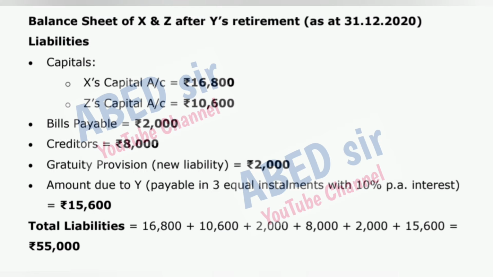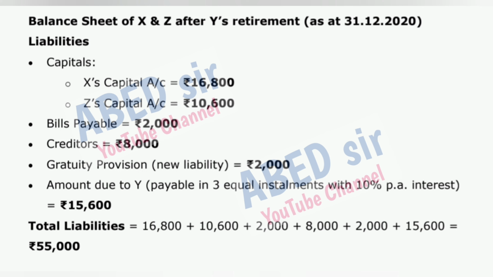Balance sheet of X and Z after Y's retirement as at 31st December 2020. Liabilities. Capitals. X's capital account is equal to 16,800 rupees. Z's capital account is equal to 10,600 rupees. Bills payable is equal to 2,000 rupees. Creditors is equal to 8,000 rupees.